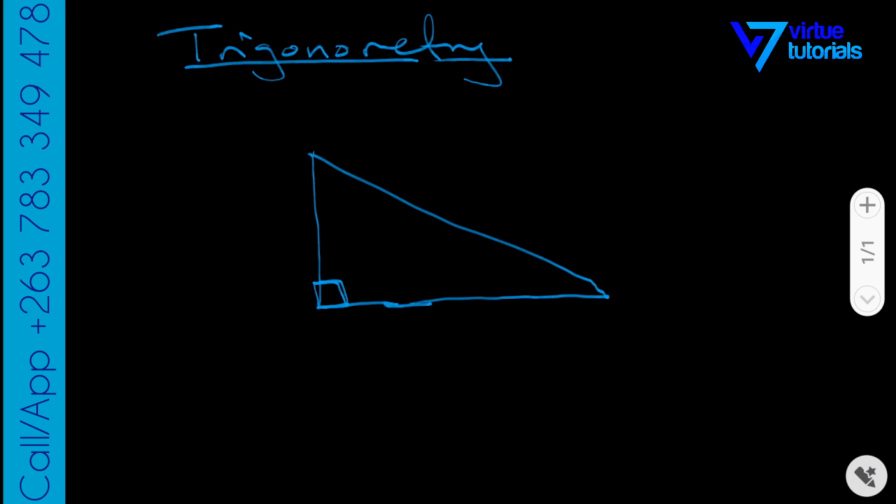So this side here is the longest side of this triangle. The longest side of a right-angled triangle is known as the hypotenuse. So we've identified one side.